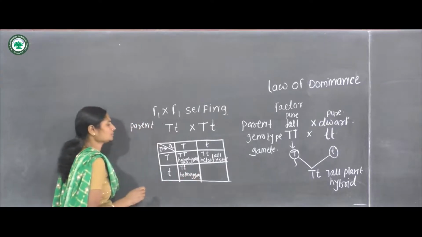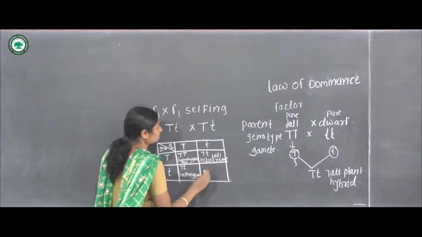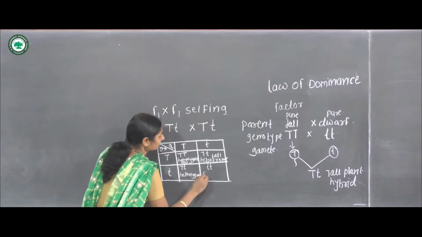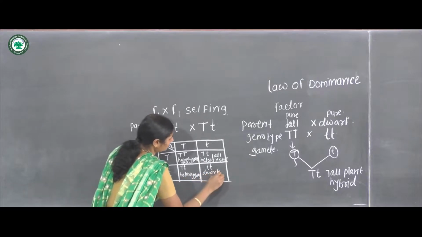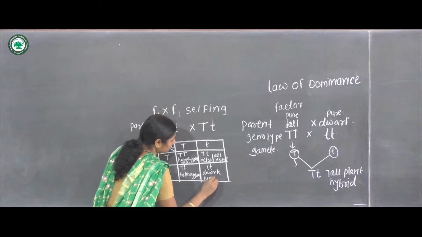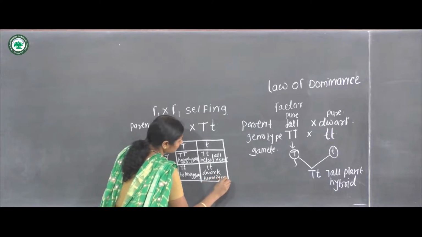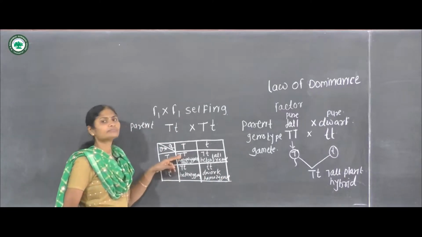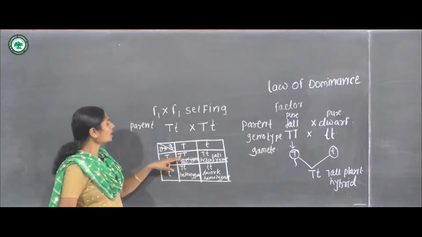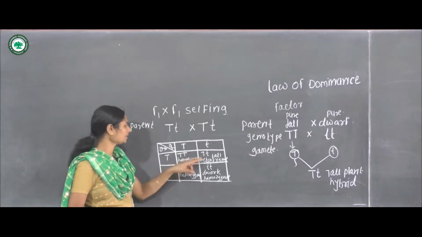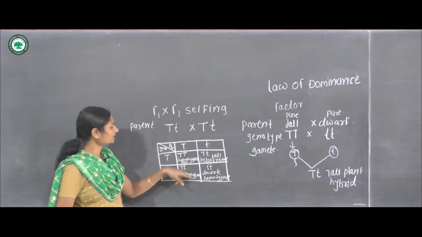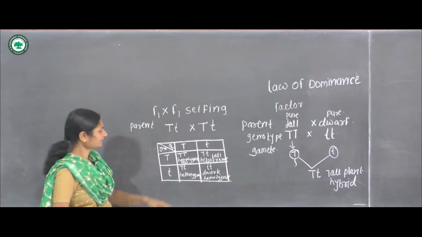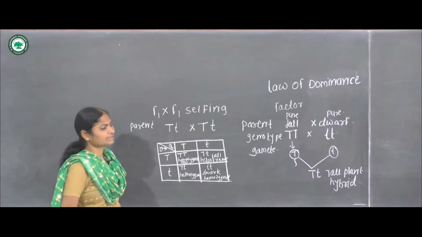Two recessive genes fertilize to form the dwarf plant, which is homozygous, as two similar genes are present.